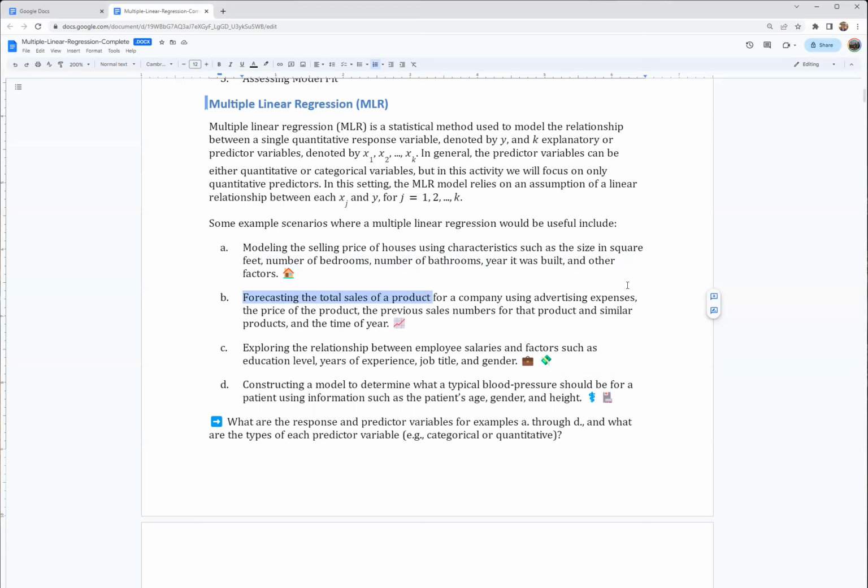So maybe you'll model or forecast the total sales for a product based on the amount you spent in advertising for this product, how much the product costs, right? Probably as the product is more expensive in general, you would expect to sell less of it.